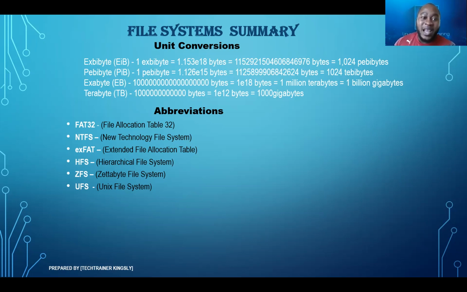Then I think 1,000 bytes make a kilobyte, and 1,000 kilobytes make 1 megabyte. 1,000 megabytes make a gigabyte, it just keeps going up, to 1 terabyte. 1,000 terabytes make 1 petabyte, and it keeps going up. All right, that answers your question. Are you all good with that?